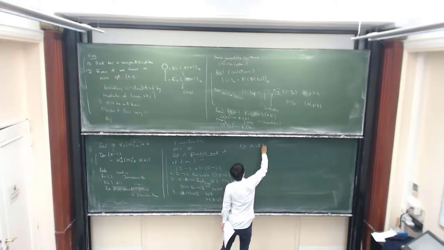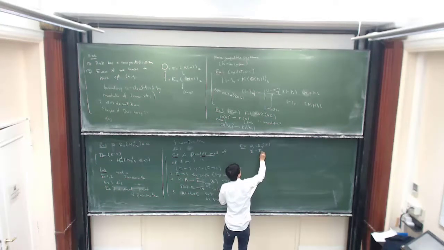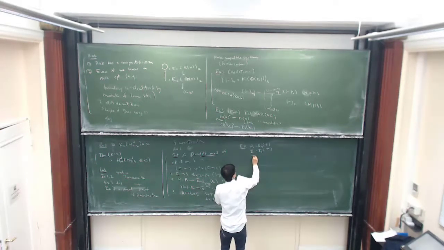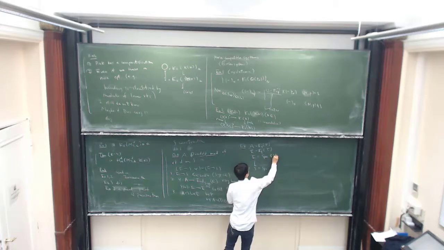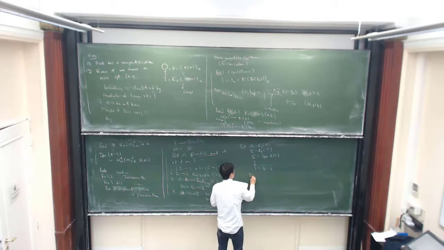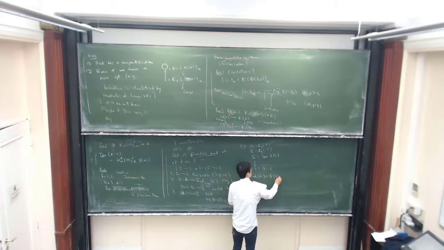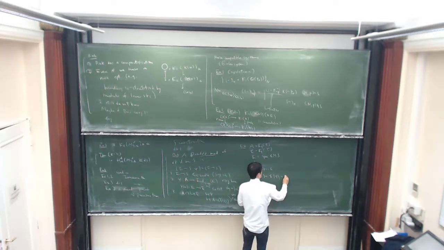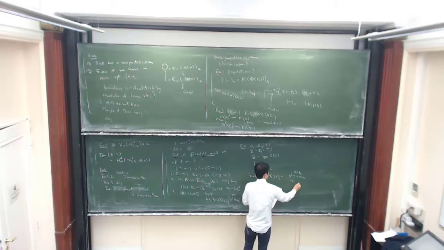In the simplest case, where this is the affine line, if we take the base to be Spec of K, this is just Spec of K[T], and the endomorphism ring of E is given by this notation. This is a non-commutative ring with this relation, and tau is the q-th power.